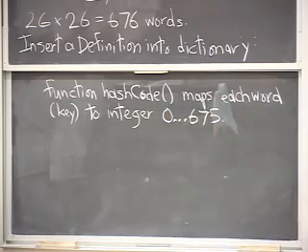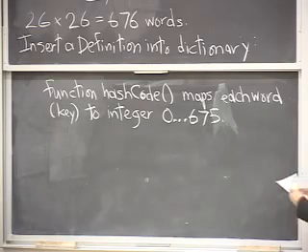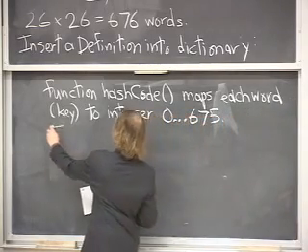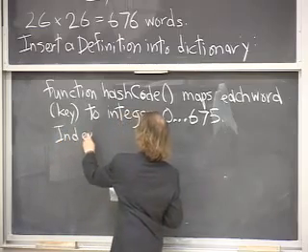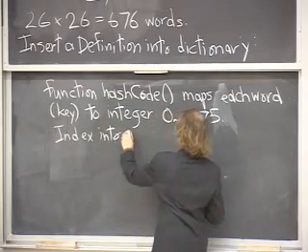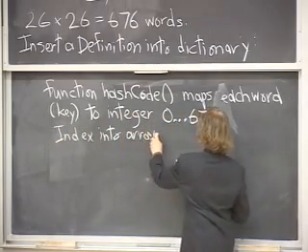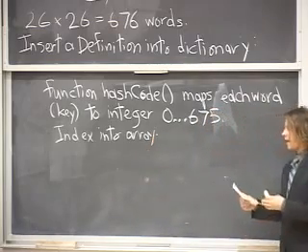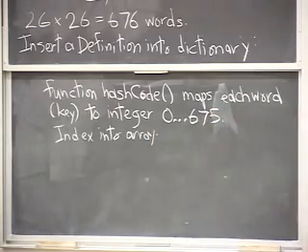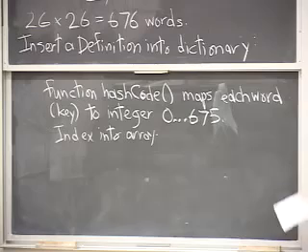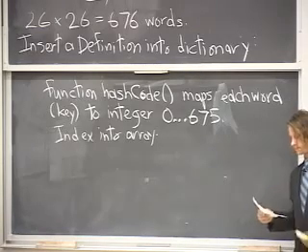And then we use that integer to just look up the word in the array. And we make that particular entry in the array, we call that the bucket, where we're going to store the definition for that word. And then whenever we want to look up that definition, we can look it up basically in constant time.